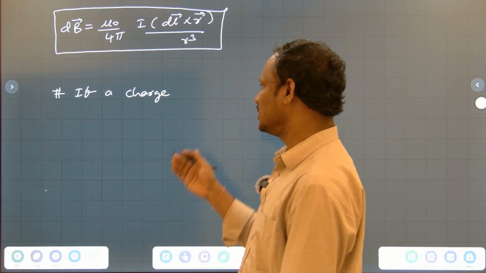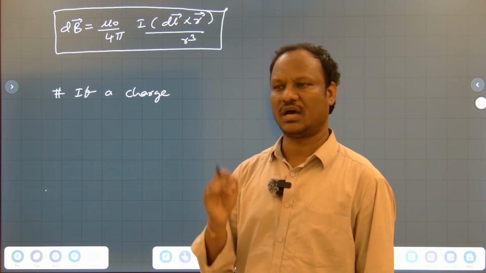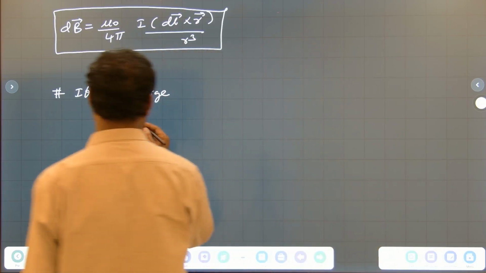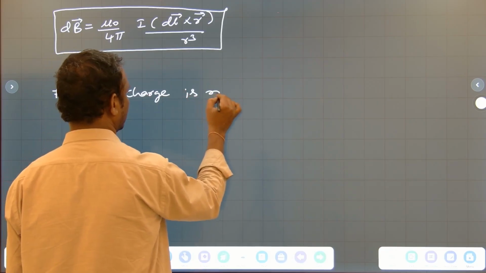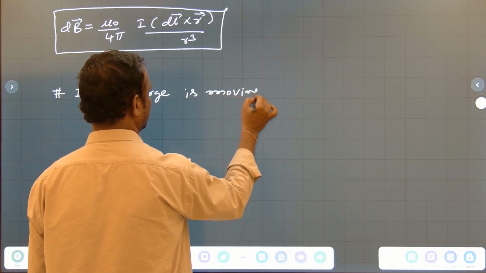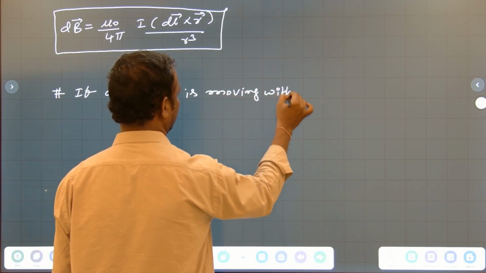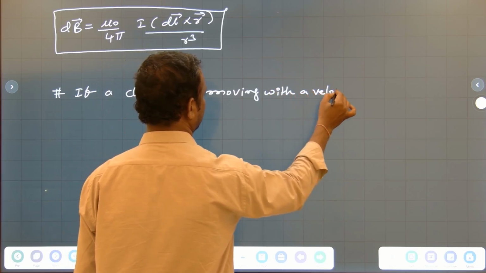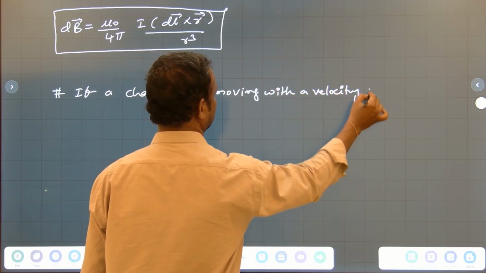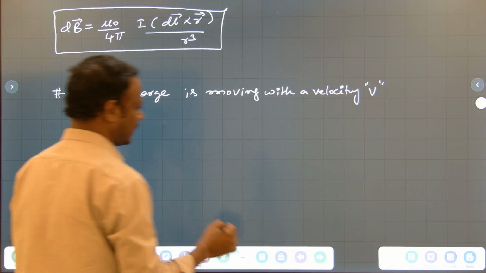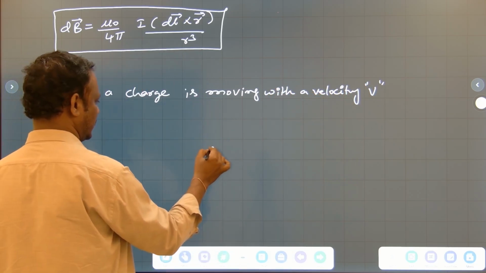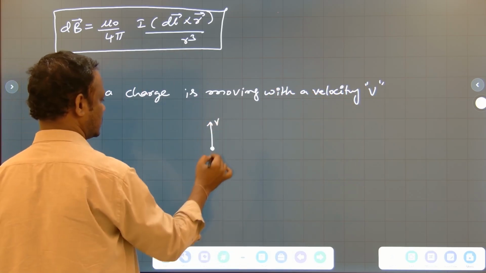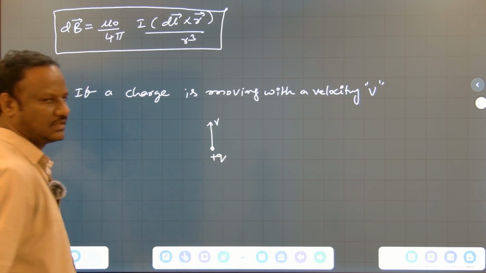Individually, I am talking about a charge that is moving with a velocity v. Let this charge be plus q.